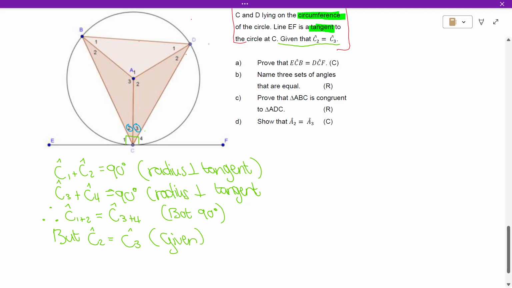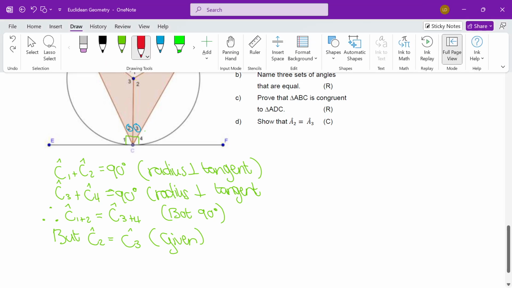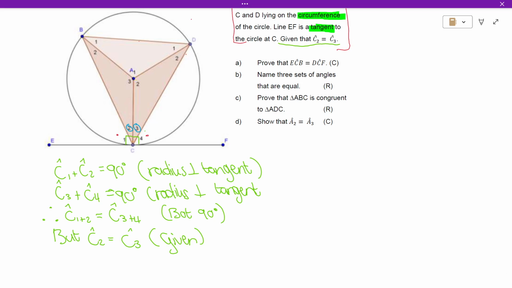So if C2 is equal to C3, those two are equal, but it's already 90 degrees as well, then C1 plus C4 must be equal, because it's already proven that the rest of the angles are the same. So therefore C1 is equal to angle C4, and then that would be your final answer.